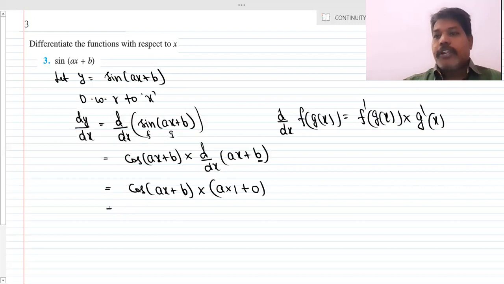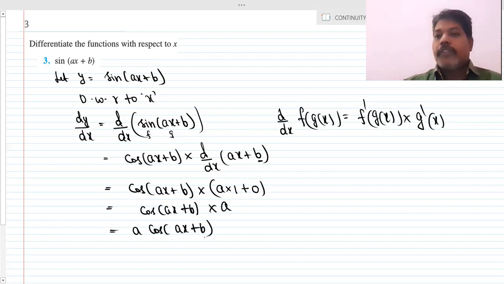So a remains the same. So it will become cos of ax plus b into a, that is a into cos of ax plus b.